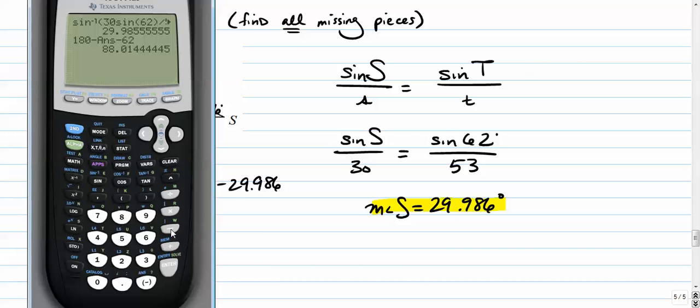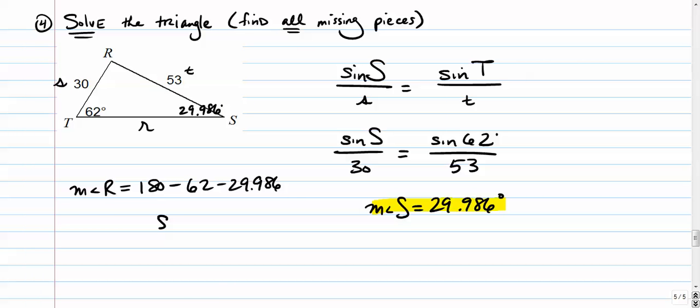So 88.014. That's the measure of angle R, 88.014. And now we're ready to find lowercase r. So I'll highlight that one too.